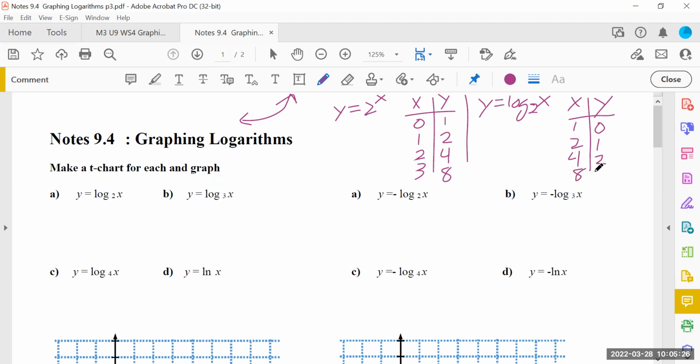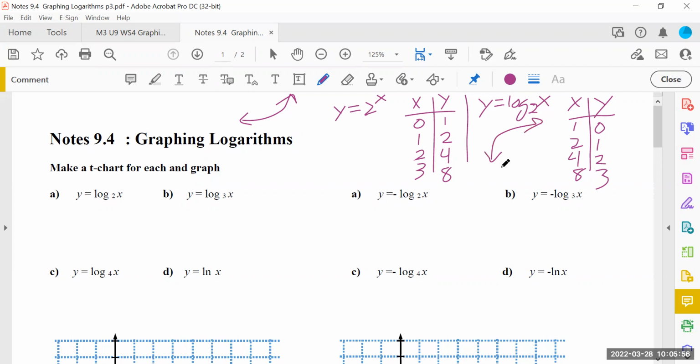Put in 8, I get out 3. The exact same numbers, but the x's and y's are switched because, again, log is the inverse of an exponent, which means inverse means x's and y's are switched. So my graph is actually going to look similar to that, but it's going to go more like this. It's going to be flipped across the line y equals x.